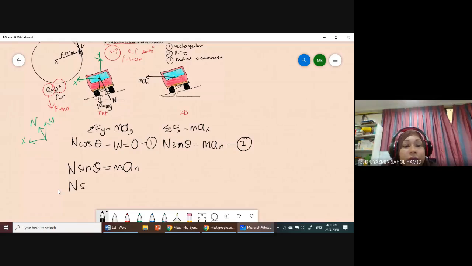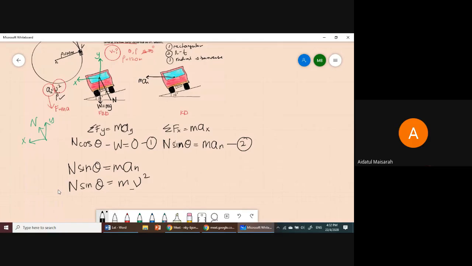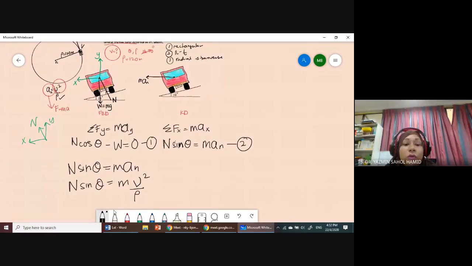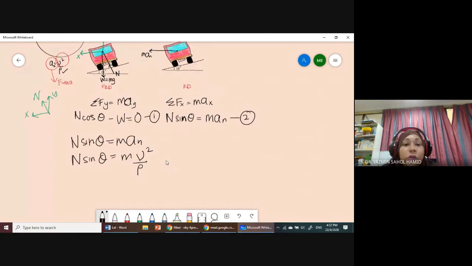So N sin theta equals to m. What will be your a? V squared over rho. Okay, now you have the value of rho. You need to find V, but you do not have m or you do not have N. But you know N also equals to the weight over cos theta. Am I right? You have this equation.